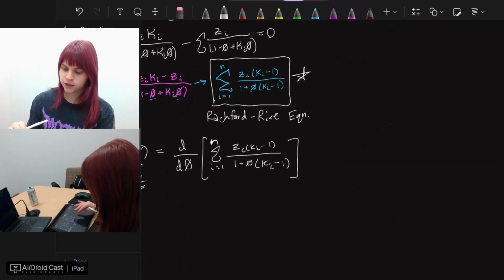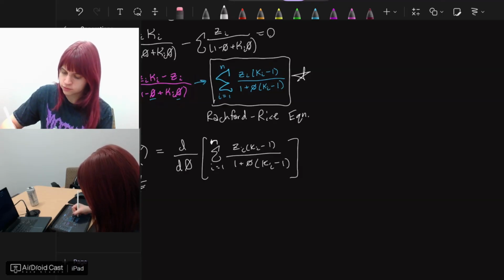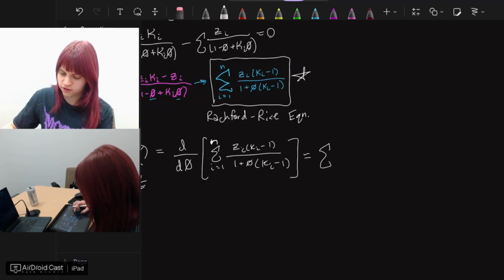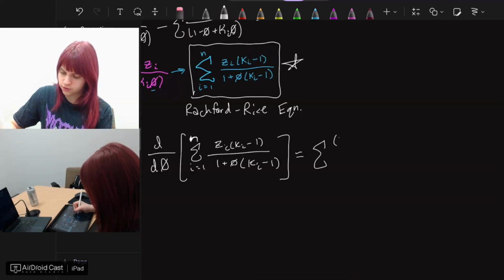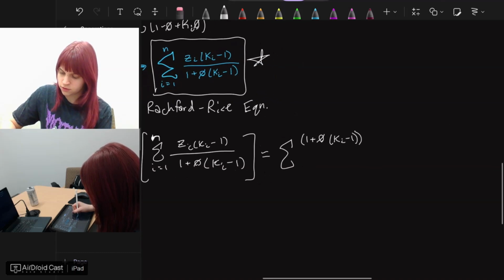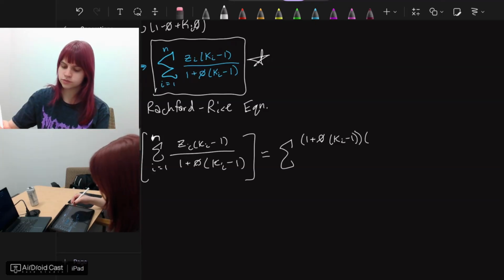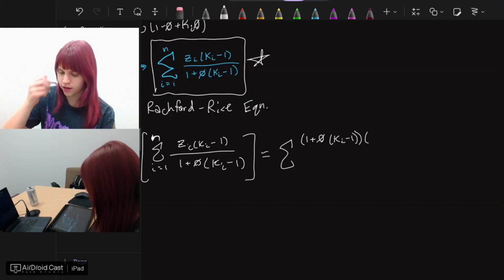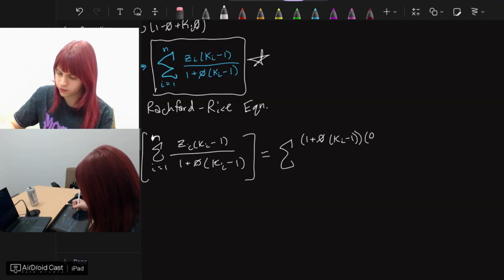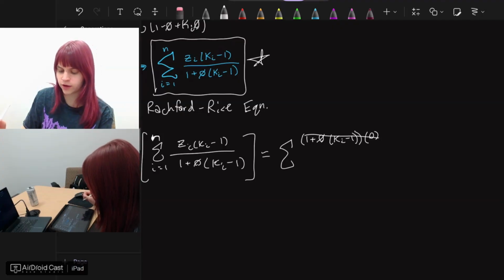To get this, we need to pay attention to our derivative laws. I'll just keep the summation like that for now. We have the denominator times the derivative of the numerator. The derivative of the numerator is 0 because there is no phi in the numerator, so we get rid of that term already.